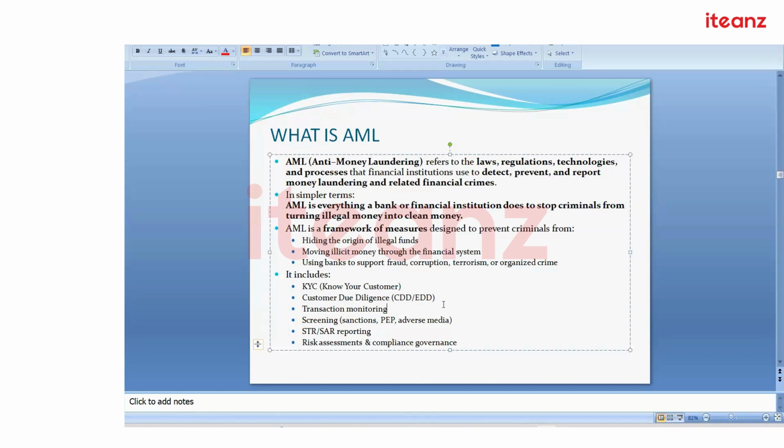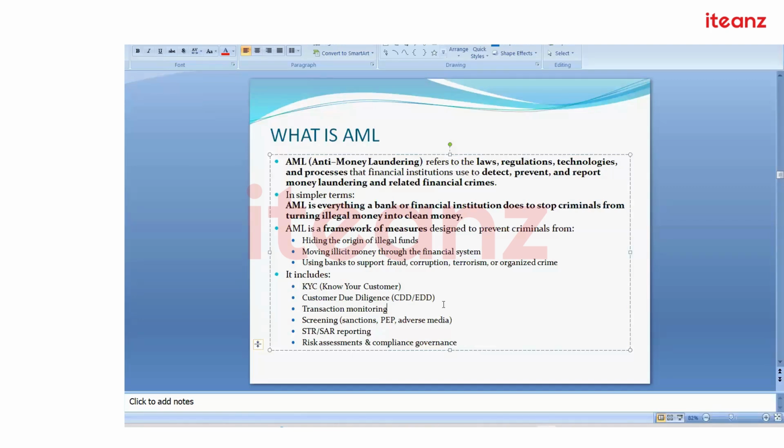For example, you are doing drunken driving. I'm giving an example. First time drunken driving, 5,000 rupees fine. Second time drunken driving, 10,000 rupees fine, right?